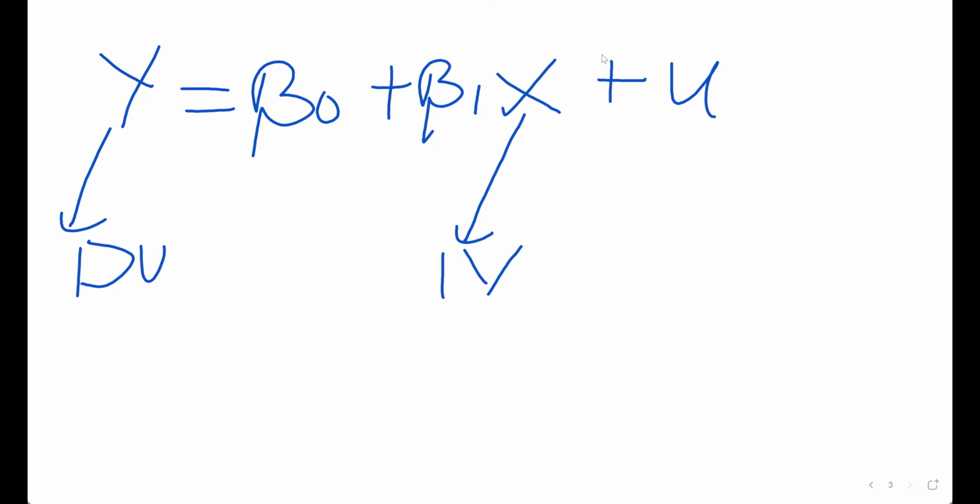Another name for the independent. Explanatory, sir. Explanatory. Give me another one apart from explanatory. Adam. Predictor. Predictor. Very good. Give me another one.